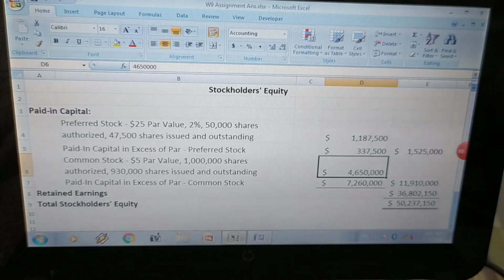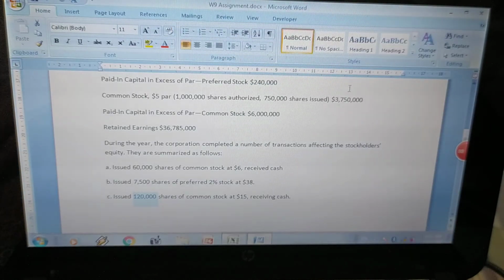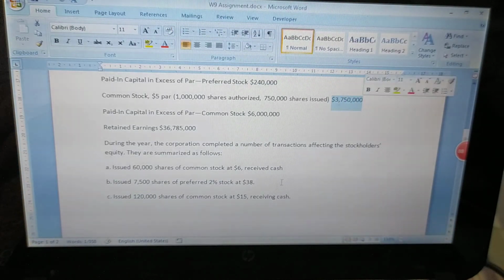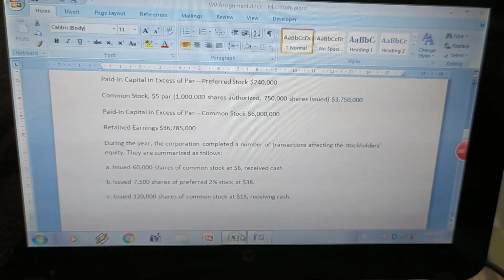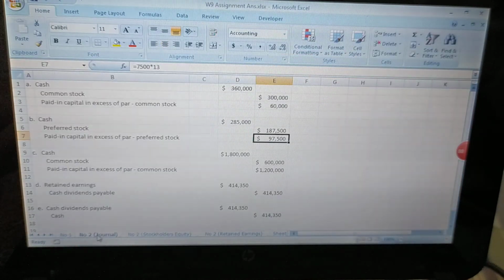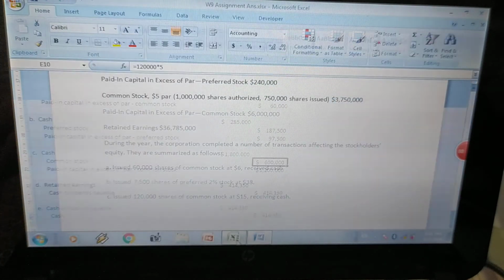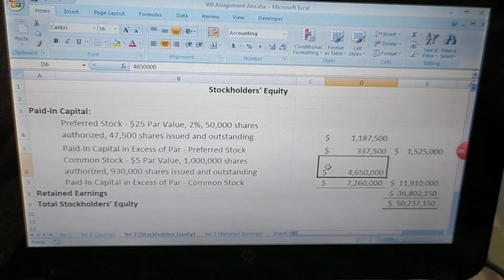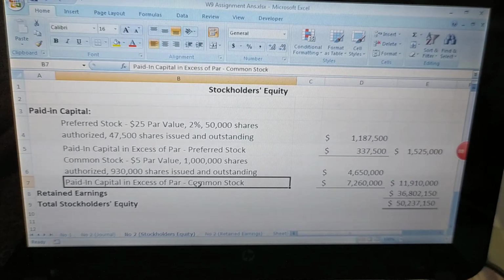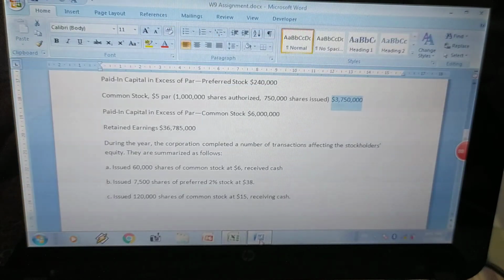About the value, remember to take it from the data, 3,750,000, plus from the journal entries 300,000 and 600,000. So you will get 4,650,000. And then for the paid-in capital in excess of par, it is the same also.